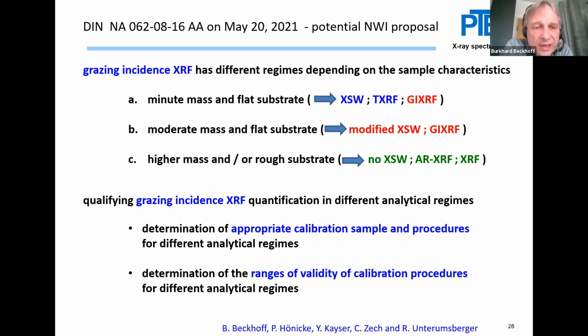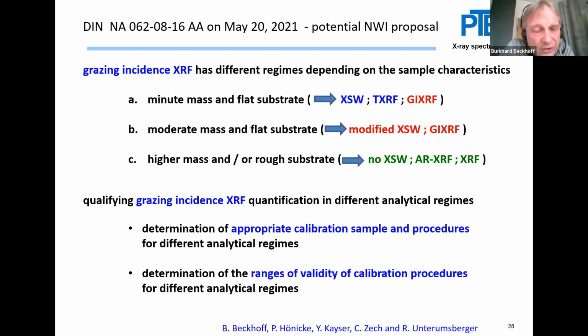So for future standardization, this has 2 implications: that one needs to determine the appropriate calibration samples for each of the 3 regimes A, B, C, and define corresponding calibration procedures. For TXRF, this has been done successfully, and this knowledge is available.